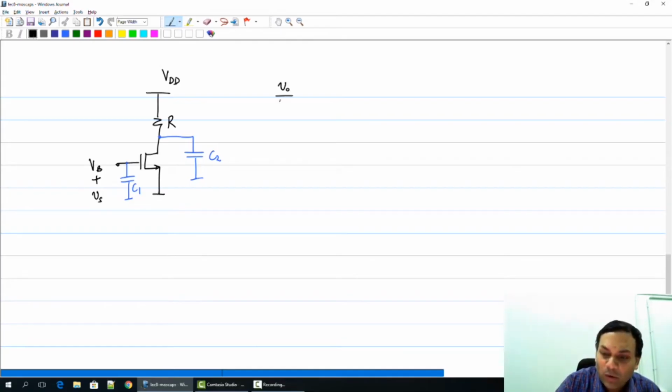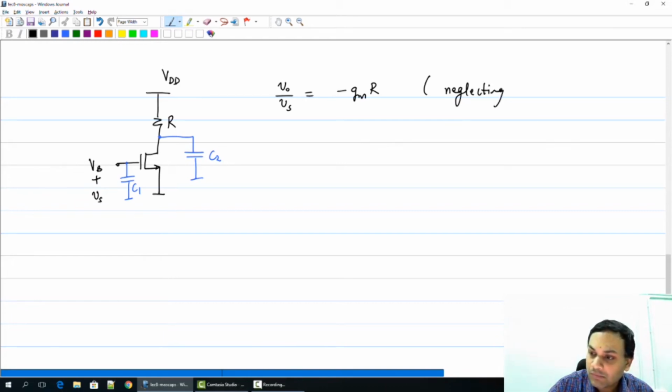At low frequencies we know that the gain of the amplifier, which is VO by Vs, is minus Gm times R. This is of course true only at low frequencies, and I am also neglecting RDS in this particular expression, and normally RDS would be much larger than R.